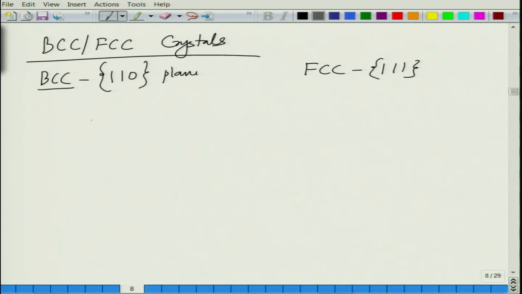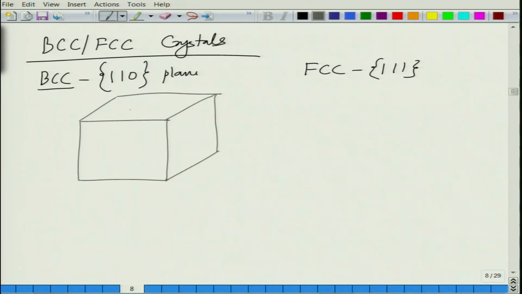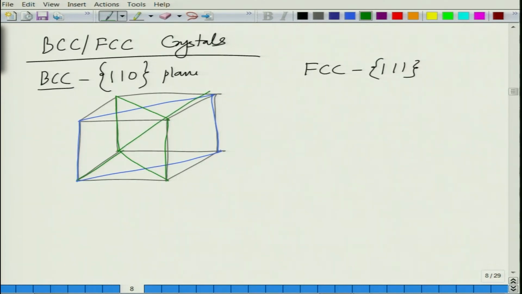Now, if you look at BCC, there is a possibility you may have this as a slip plane. So, this is one slip plane. You may have another slip plane which is this slip plane. You may have another slip plane, you can say this is the slip plane. So, there are multiple slip planes.